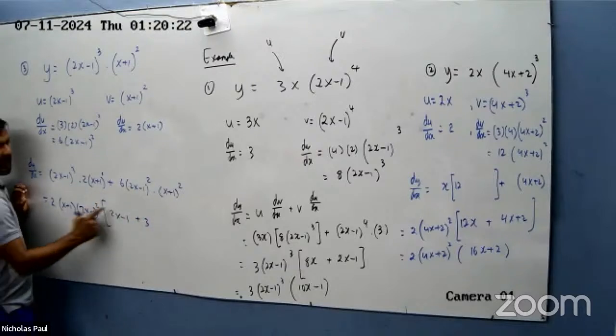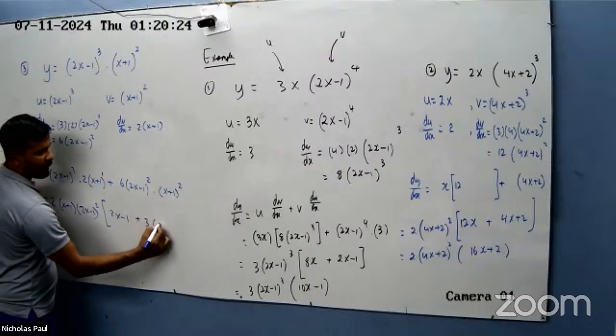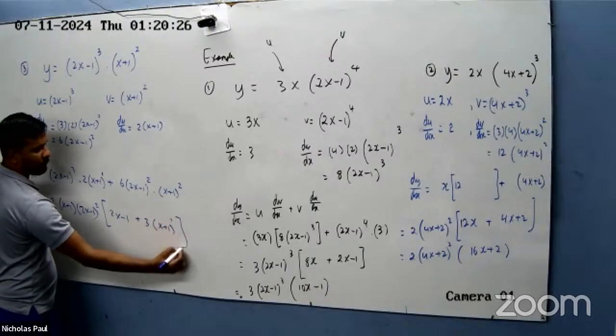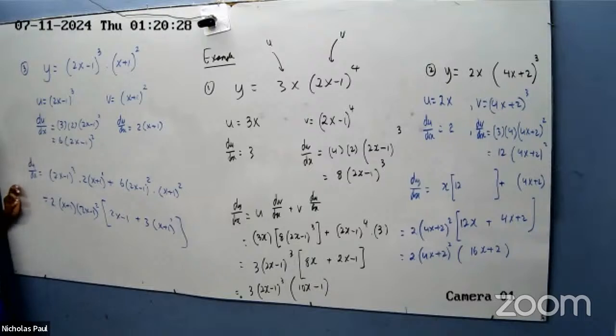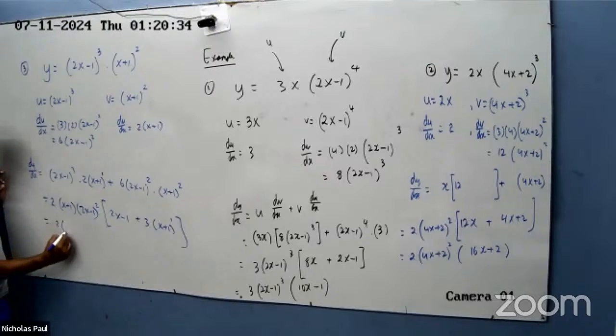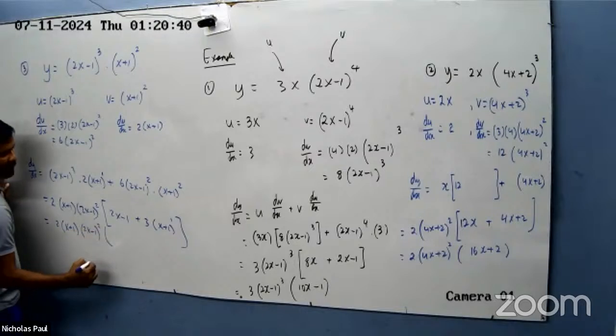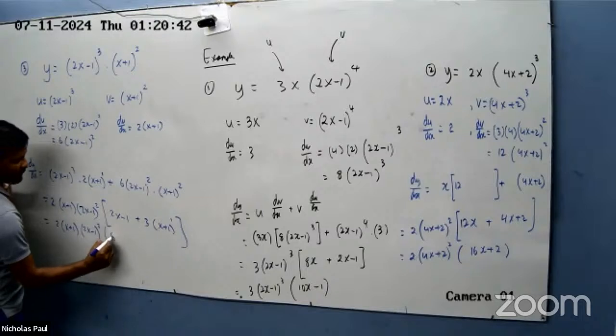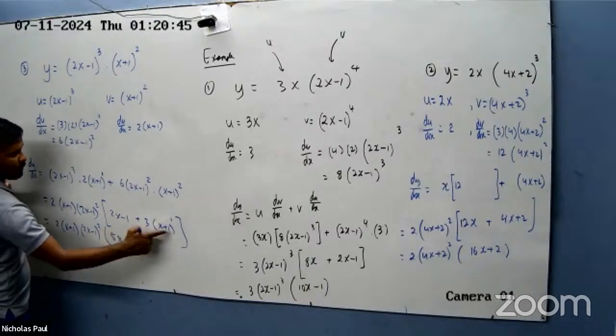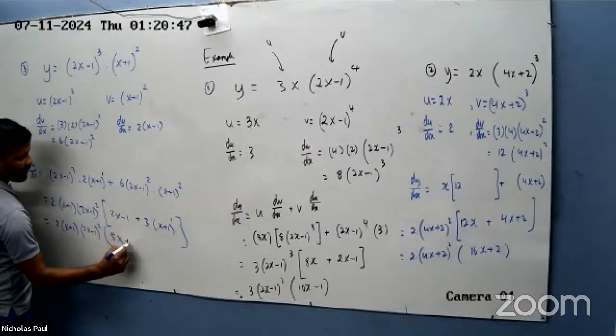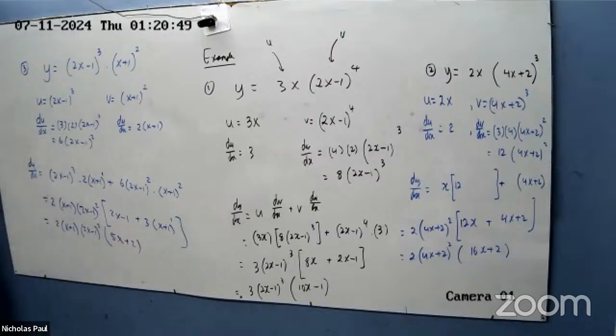If I take out x plus 1 from here, I will get x plus 1 with 3. So it will be 2 by x plus 1 by 2x minus 1 squared, times 2x plus 3x, which is 5x, and minus 1 plus 3. That's what your final answer will look like.